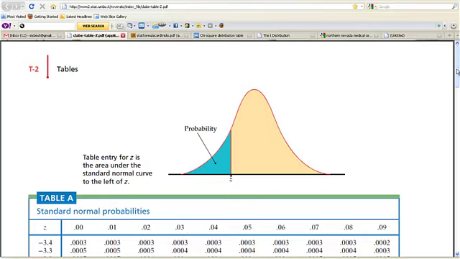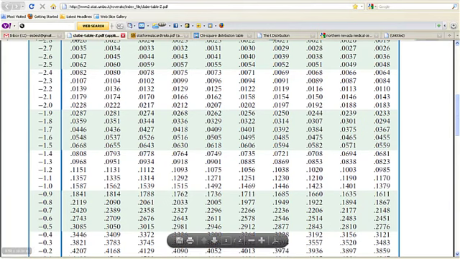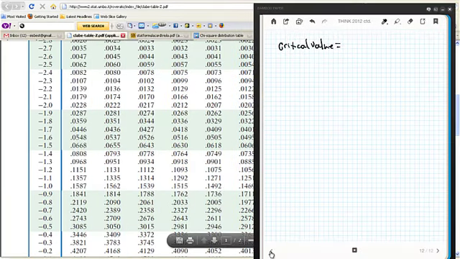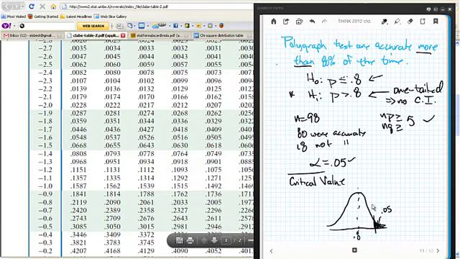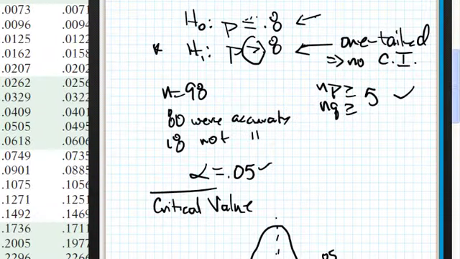A lot of times students will say, well, Ripley, how do I know which side the tail is on? Well, notice this guy right here always points in the direction of the tail. It's a greater than 0.8, but the inequality points in the direction of the tail. So if it were a less than, the tail would be on the left.